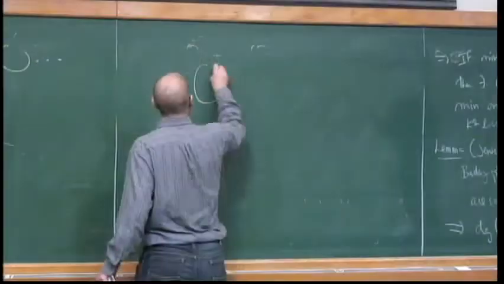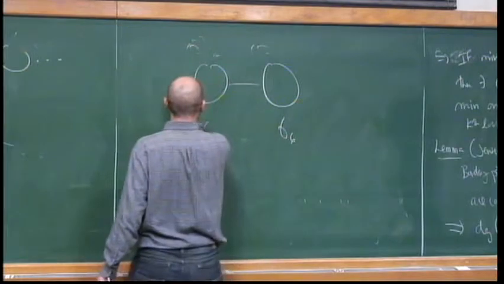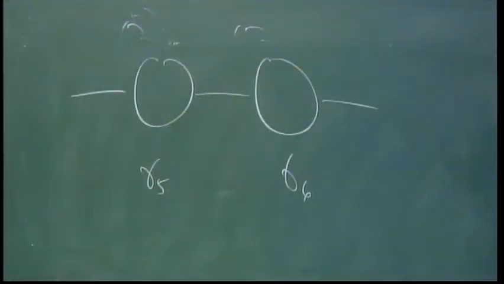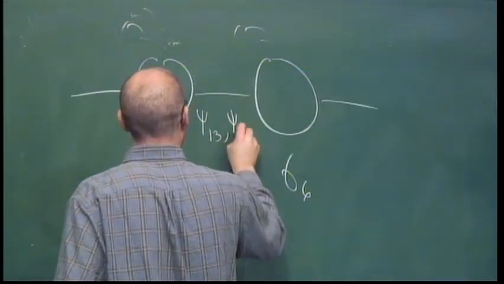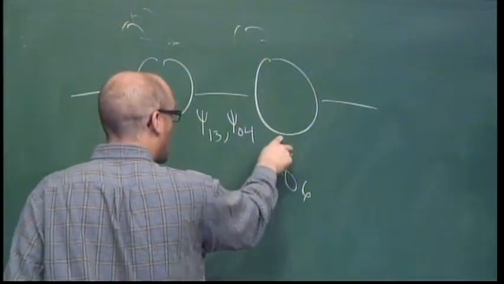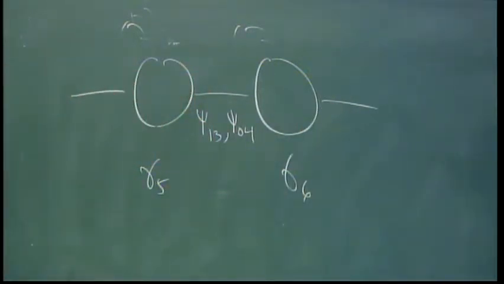So here's gamma 5 and here's gamma 6. And there's only one combinatorial possibility for which functions can achieve the minimum on which regions. It's psi 1,3 and psi 0,4 that achieve the minimum on this bridge, on both bottom edges, and on these two bridges.